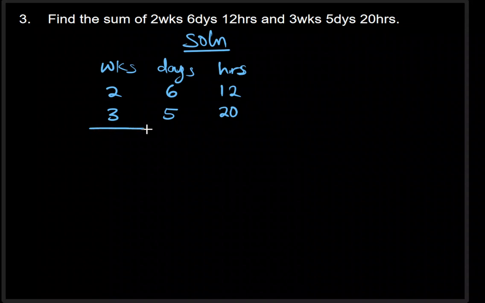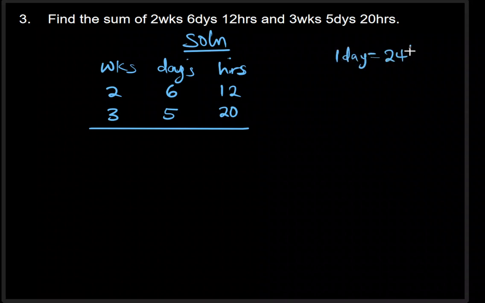All right, so let's see. We must know the relationship. It may not be the same throughout, just like this question. Dealing with hours and days, what is the relationship? One day equals 24 hours.